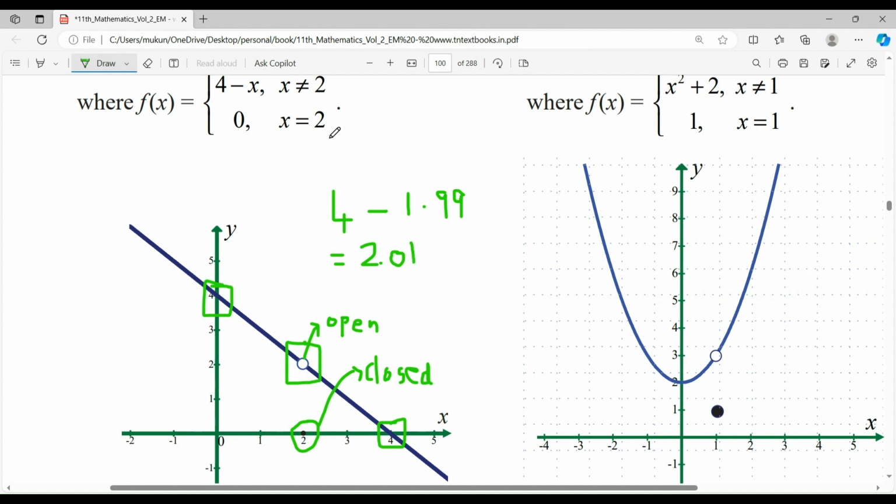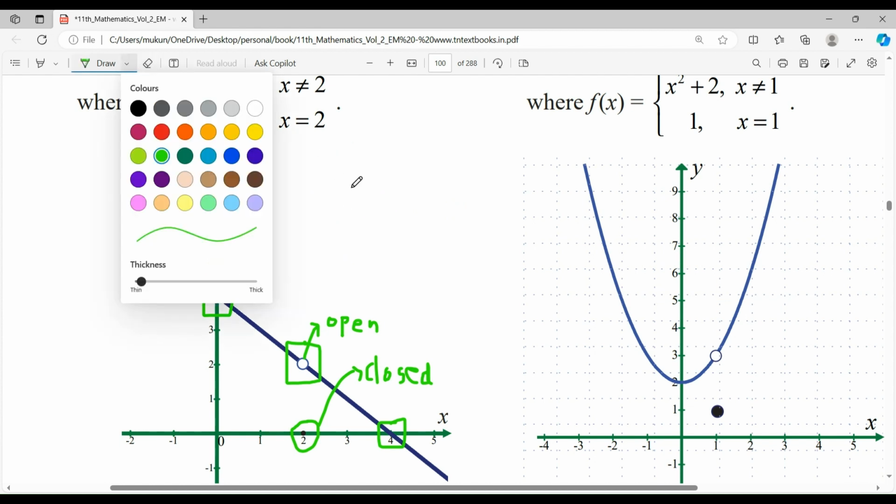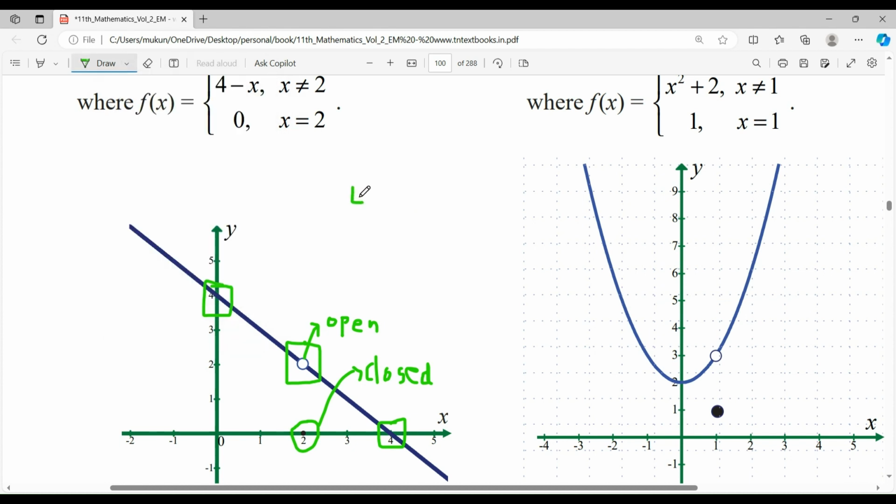Let me rub this out, and let me take a value 2.01, which is on the right hand side of 2, which is again going to lead me to 4 minus 2.01, which is 1.99, right? So which is again very close to 2.